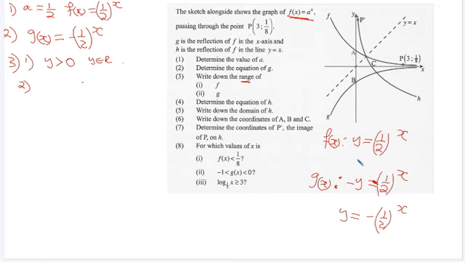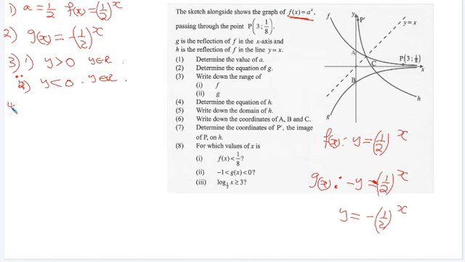So we are saying the range for g is starting from here going down to negative infinity. So that is the negative values of y. So the range for this one, your y is less than 0, and it is still element of real numbers. That is number 3.